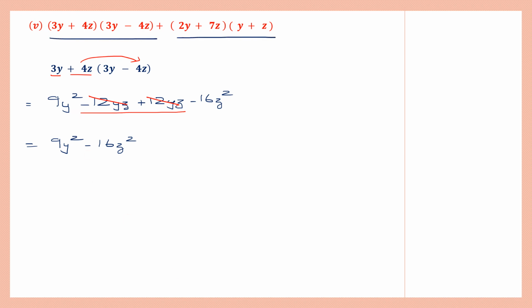Now we have to work on this. So let's start here also. Let's write the first binomial as it is. Don't change the order. So we have this here. Now let's multiply 2y into y. 2y into y, the number is 2 and y into y is y square. Now let's continue. 2y into z. The sign is plus, the number is 2, y into z is yz.